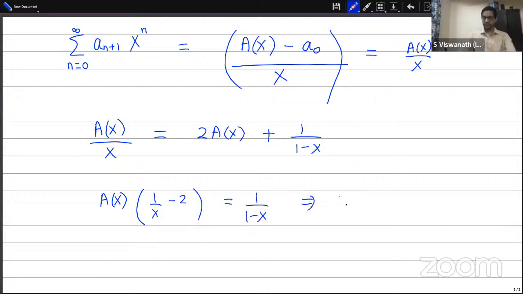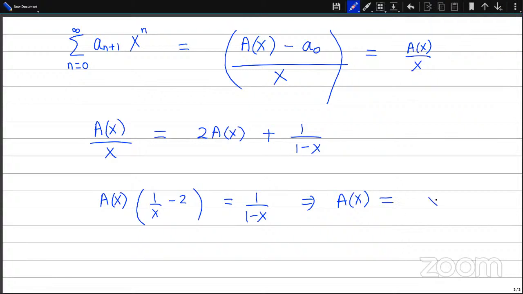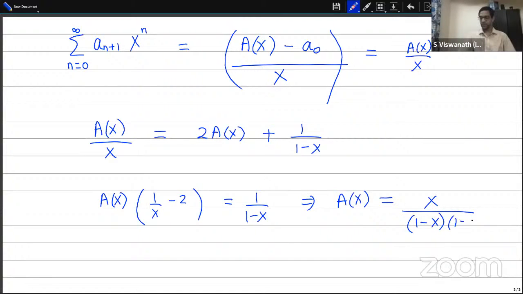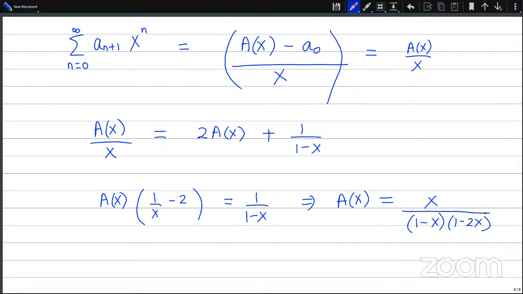So what is a of x finally? Can someone simplify this? X over 1 minus x into 1 minus 2x. Absolutely. Thank you. So this is the final answer.